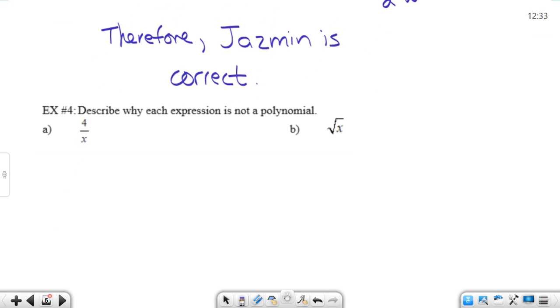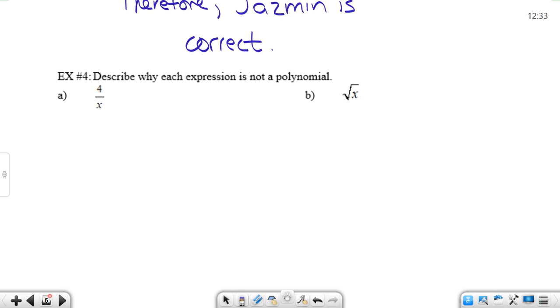So if we look down here at example 4, kind of talking about the same concept here, it says describe why each expression is not a polynomial. So if we start off with A here, and some of these concepts with A and B, guys, we're going to be covering more in depth later in the chapter. However, these are concepts that you should have discussed in 8th grade.